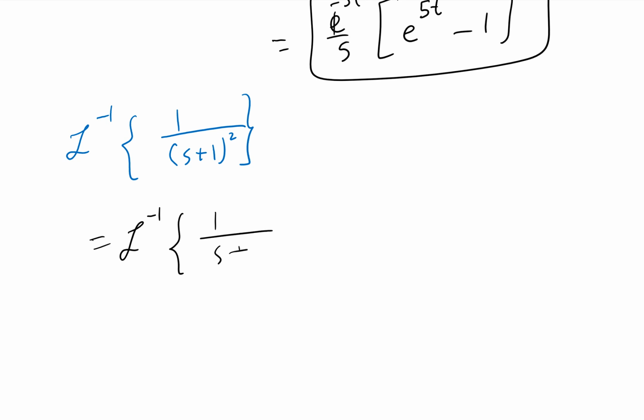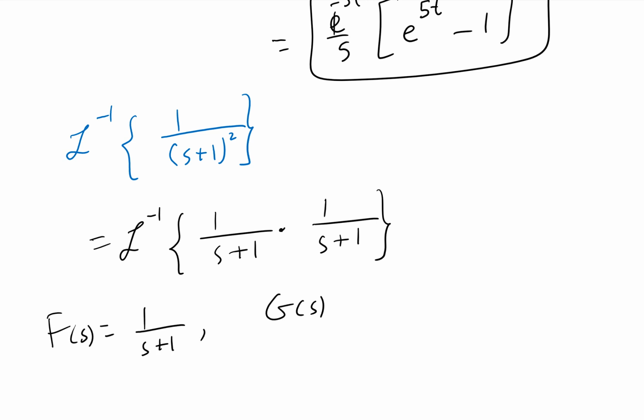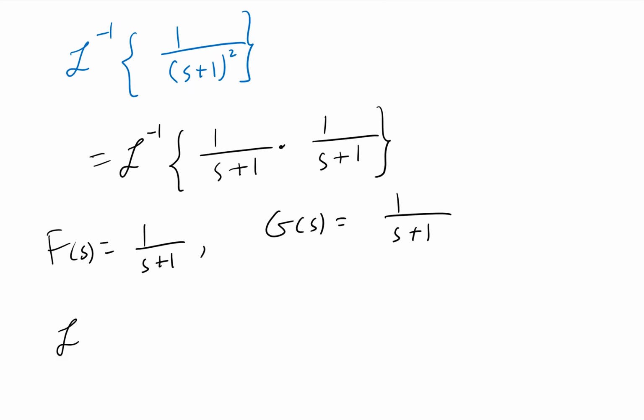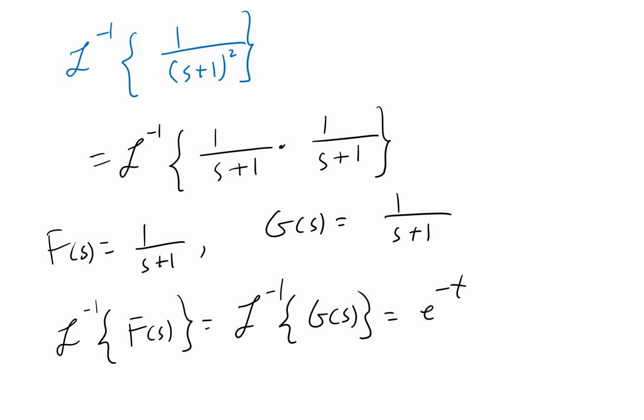One of them 1 over s plus 1, the other one 1 over s plus 1. So in this case, F of s is 1 over s plus 1, and G of s is also 1 over s plus 1. That's fine for two functions to be the same, it's okay. So the inverse Laplace of F of s is the same as the inverse Laplace of G of s, which is e^(negative t).